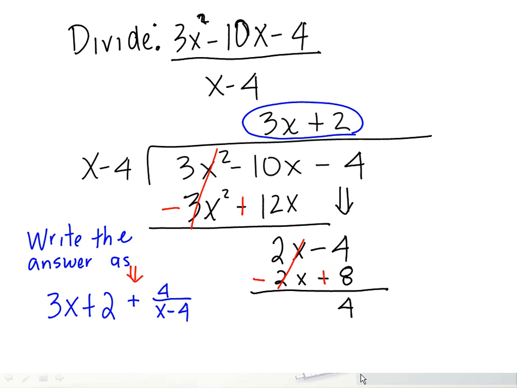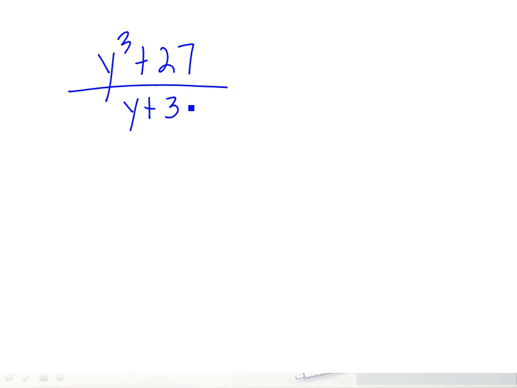Okay, let's do another one. Let's say we had y cubed plus 27 divided by y plus 3. So how would we have done this if I said divide this in the past?